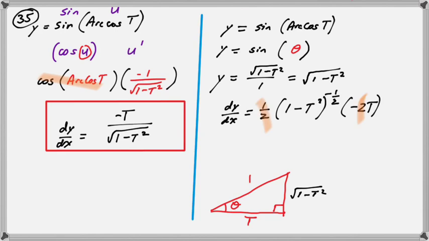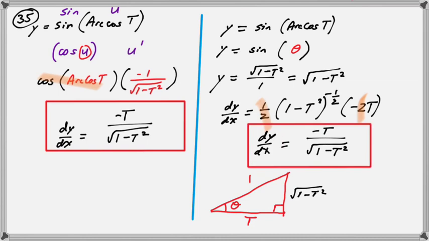Well, the 1/2 and the 2 are going to cancel, leaving me a negative t over the square root. And hopefully this matches the same answer I got the other way. Hopefully these are equivalent.